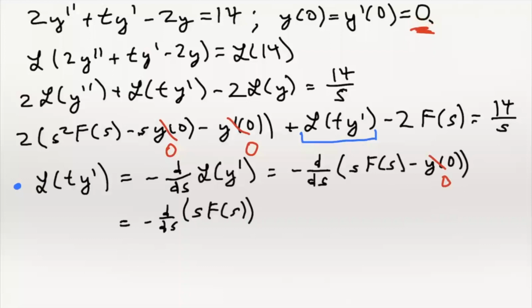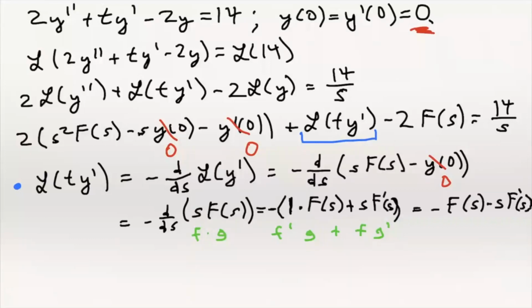And how do we take this derivative? Well, this is a product. This is f times g. So we'll have an f prime g plus f g prime by the product rule. The derivative of s with respect to s is 1. So we have 1 times F of s plus s times the derivative of F of s.